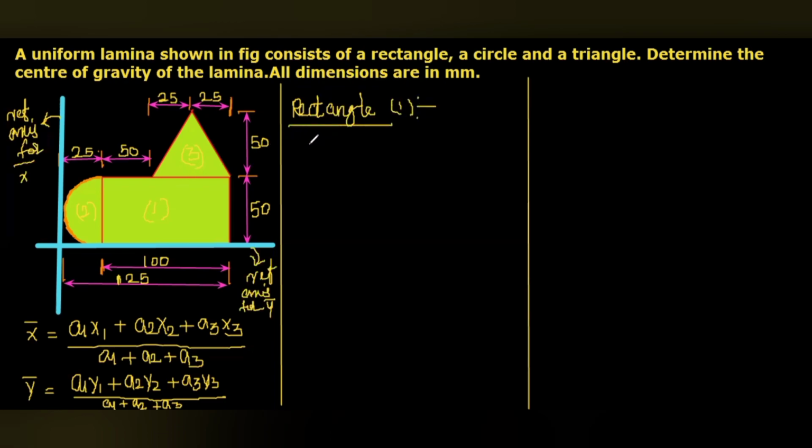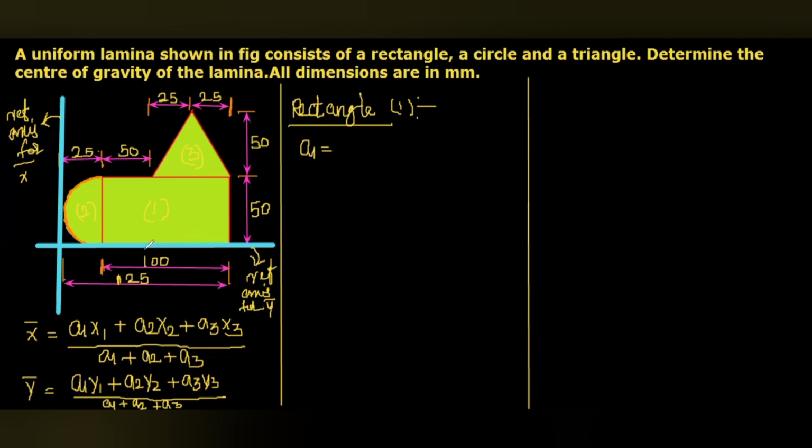Here, first we have to calculate area of the rectangle, that is A1. That means the length multiplied with breadth, L into B or B into H. If you take the linear dimension as B and the vertical dimension as H, then that will be B multiplied with H, whatever.